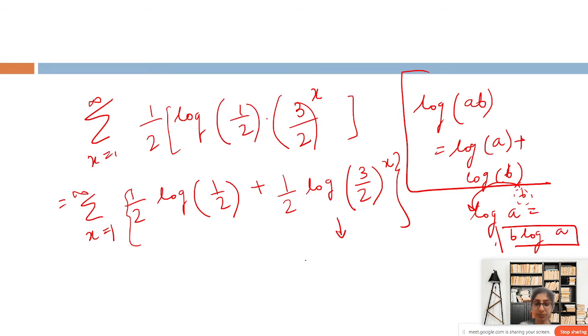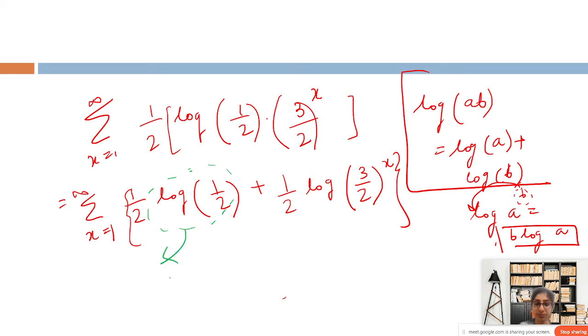So how will this become? x by 2 log of 3 by 2, and we are going to take the summation here, x equals 1 till infinity. And here what was the term like? Little typo here. What you can do, we know that this log of 1 by 2 is going to be a constant, right?